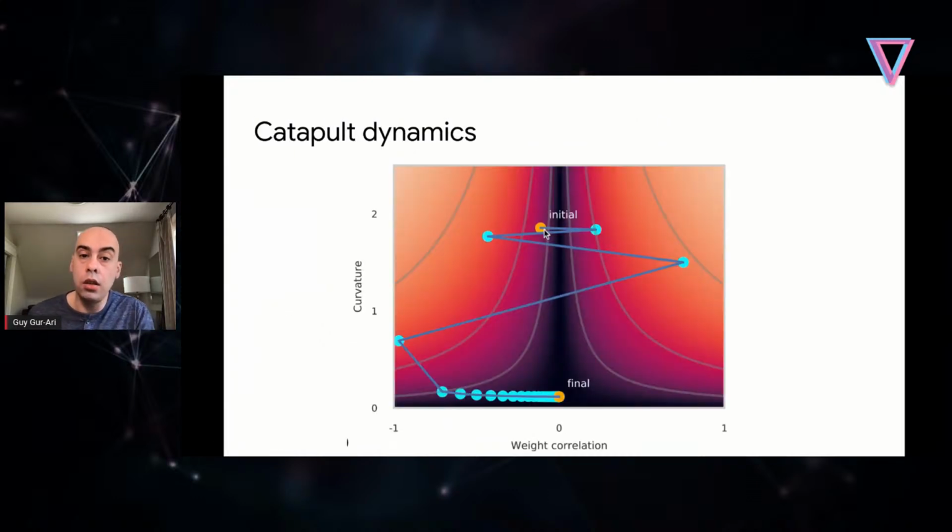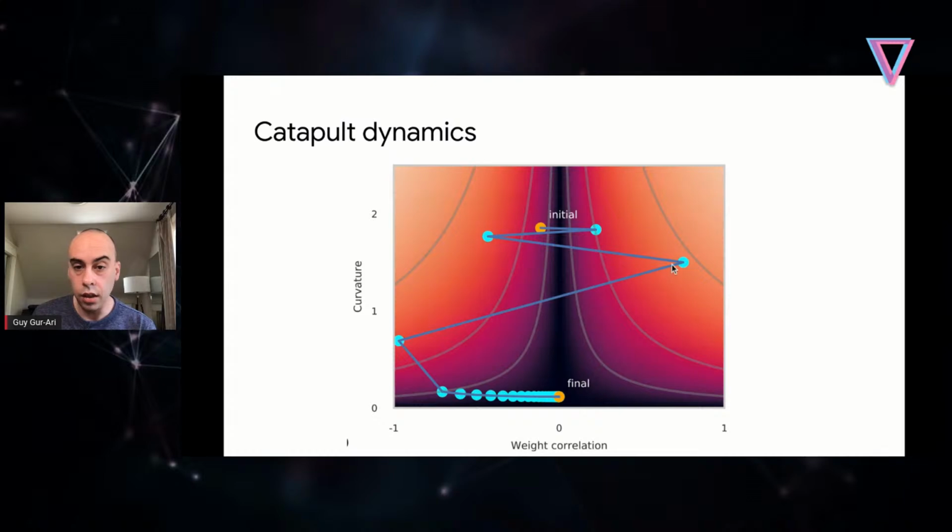Here's an illustration of what these equations are doing when we're training the network with a large learning rate. This is showing a slice of the loss landscape of this problem. The y-axis here is the curvature, or also the L2 squared norms of these parameters, and the x-axis is the weight correlation. It's essentially the angle between the two weight vectors, u and v. And the color here is the loss. We start with this initial point, and at large learning rate, we start diverging.